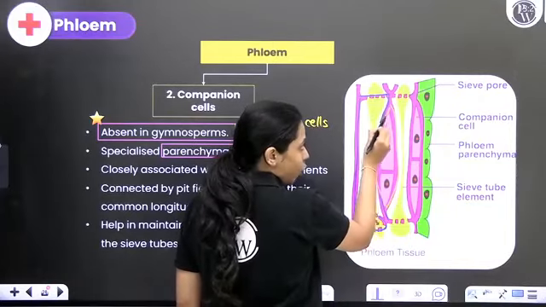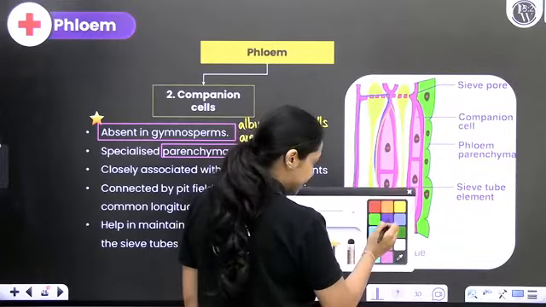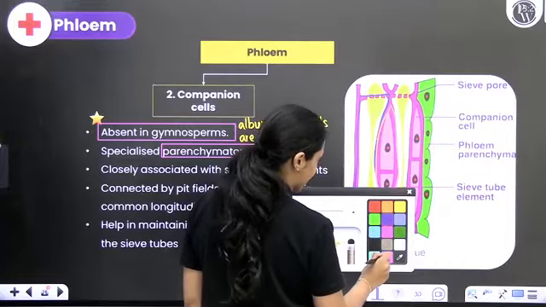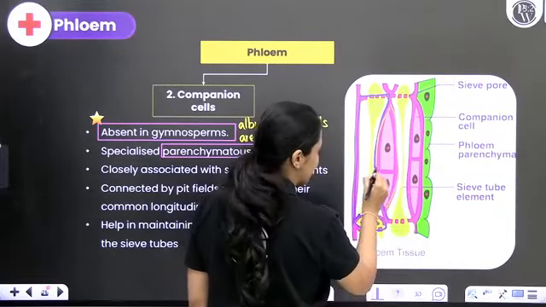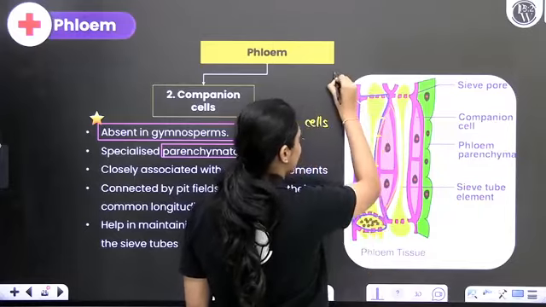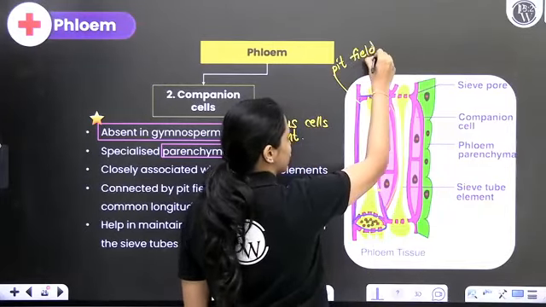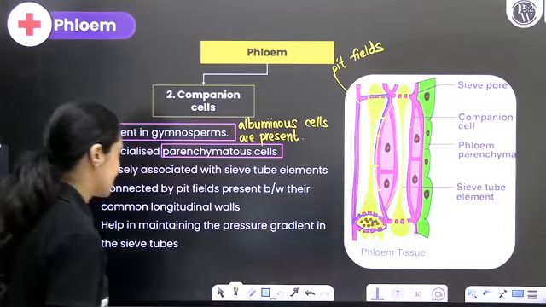There is a common wall between the sieve tube cell and companion cell. In this wall, you will find pits. What are pits? I've already told you. Okay, so within this, you will find certain pits, or you can call them pit fields, through which communication between these two cells can take place.